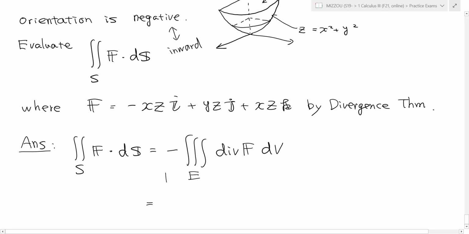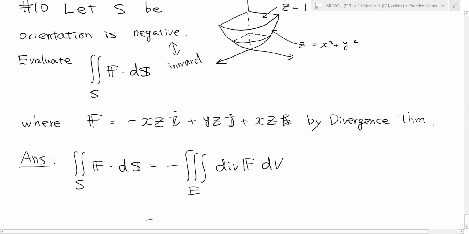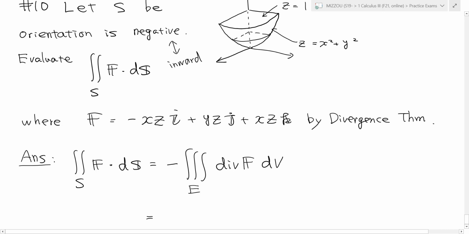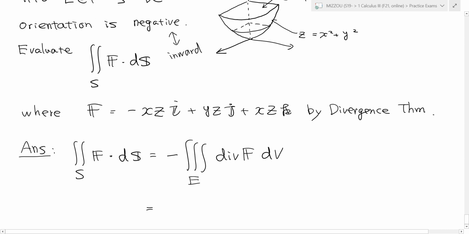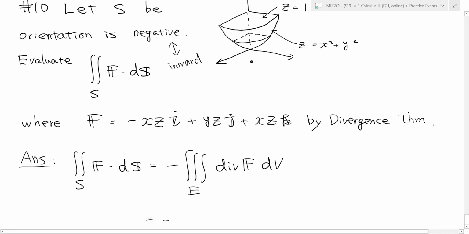Okay, so that's it essentially. All you have to do is compute this triple integral. For a triple integral, you fix two of the variables first and integrate with the other variable. In this case, it's easier to fix x and y.